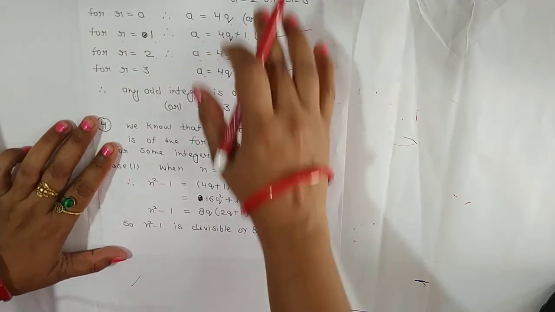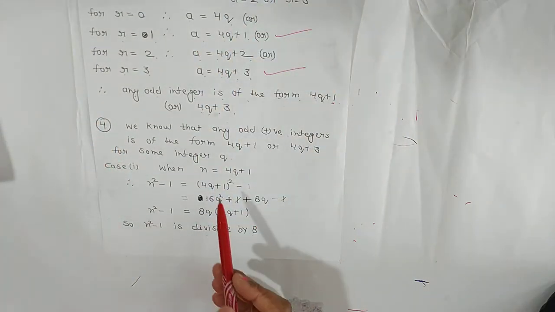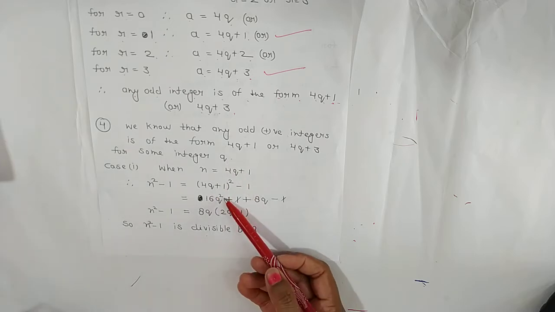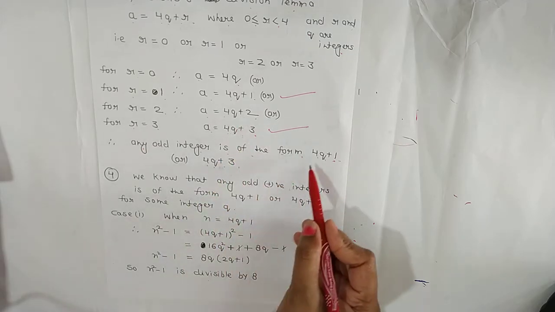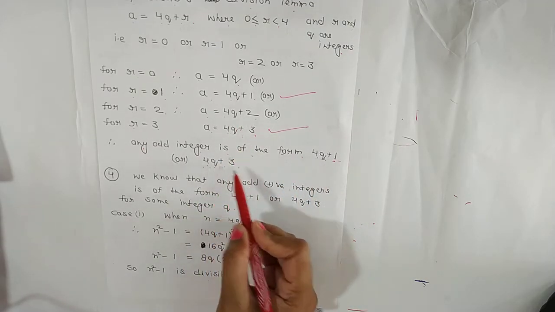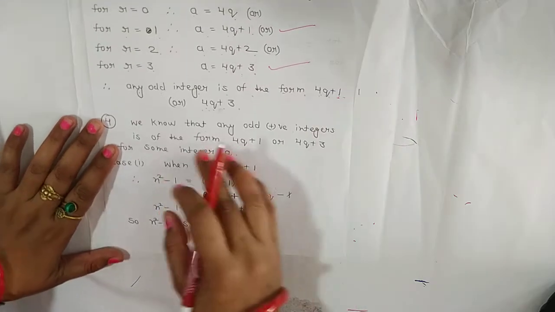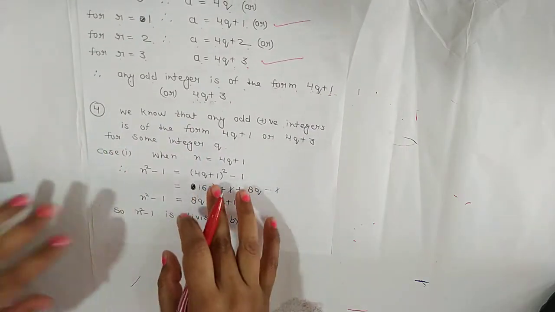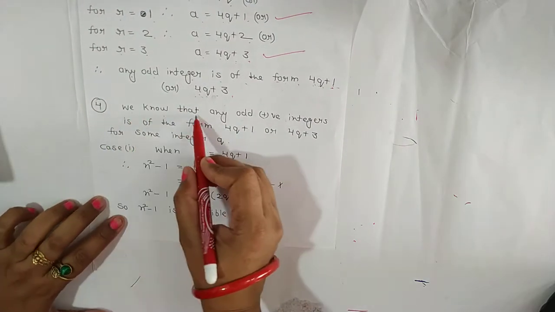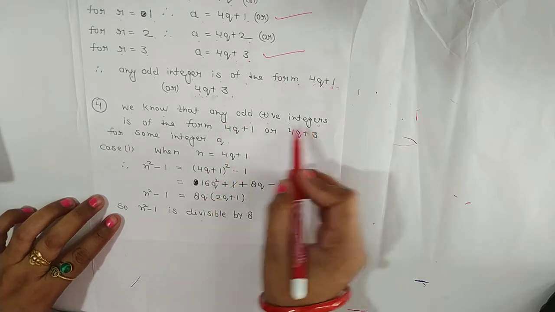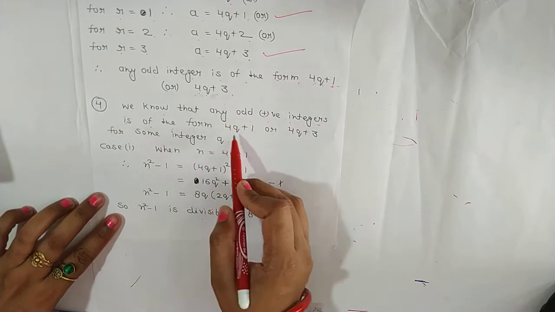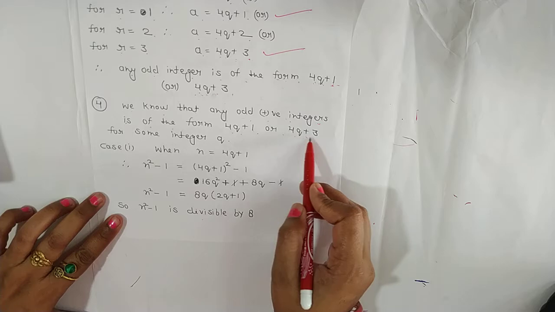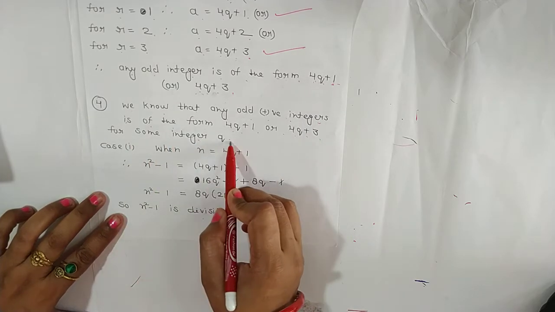Show that n square minus 1 is divisible by 8 if n is an odd positive integer. So from question 3 we know that 4q plus 1 and 4q plus 3 are odd integers. So suppose any odd positive integer is of the form 4q plus 1 or 4q plus 3 for some integer q.